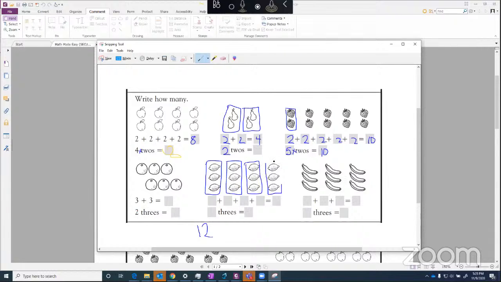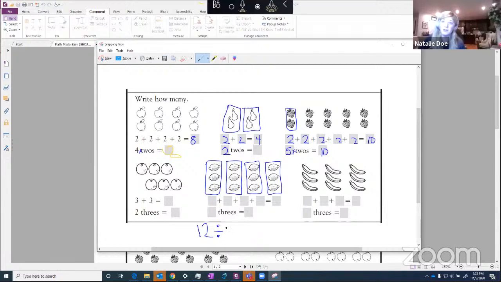You'd have 3 groups of 4. 4 groups of 3, because there's 3 in each group. 12 divided by 3 equals 4. Yeah, so you can do it either way.